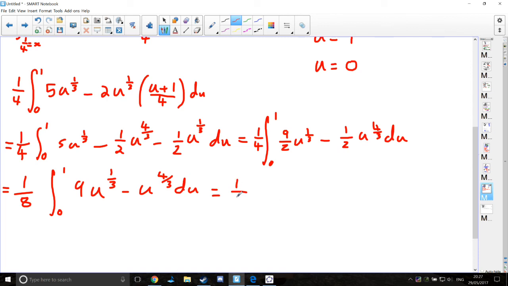So I get an 1/8 on the outside, some lovely square brackets. This integrated, add 1 to the power, divide by the new power, so that's 4/3.